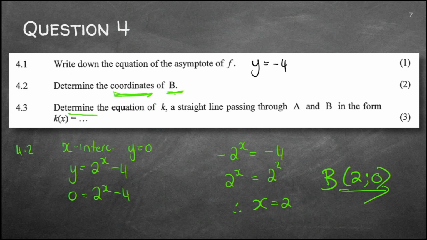Now they say determine the equation of k, a straight line passing through A and B. We know a straight line is y is equal to mx plus c, and we do have the coordinates for A, which is 0 and -3, and B we have now as 2 and 0.